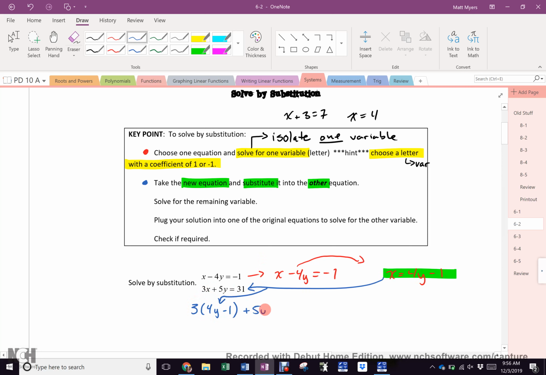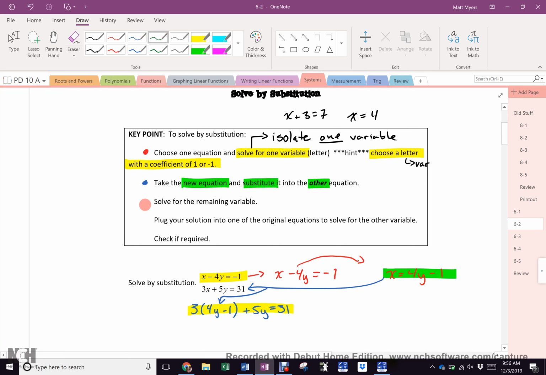Plus 5y equals 31. Now, all of you should be looking at this and saying, I already know what to do next. Because the reason you couldn't solve that is there were two variables, right? What now has happened? There is only one variable.